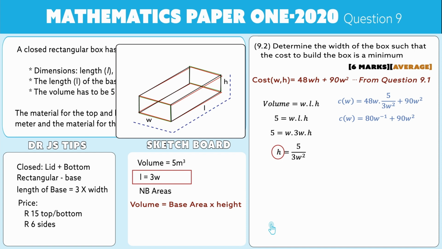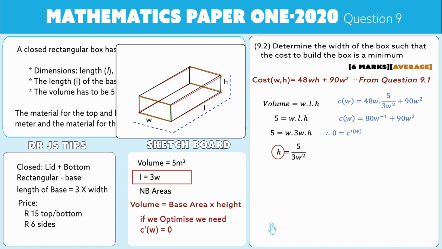To optimize it, we now have to make our derivative naught. So remember, I'm going to put it under tips here for you. If we optimize, we need a derivative, and in this case it will be C dash W, which is naught. The derivative of the cost with respect to W has to be 0.